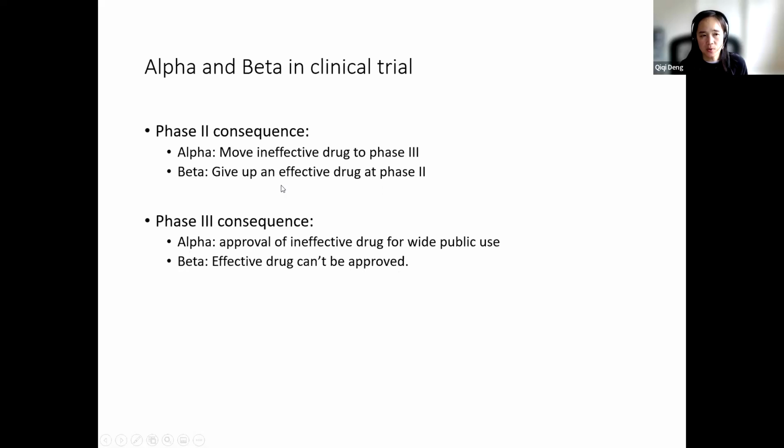So phase 2 sounds more relevant for the drug developers. However, I think either way, it is a loss for the public health field if you're giving up an effective drug. So those are the implications for the statistical terms under the clinical testing setting.